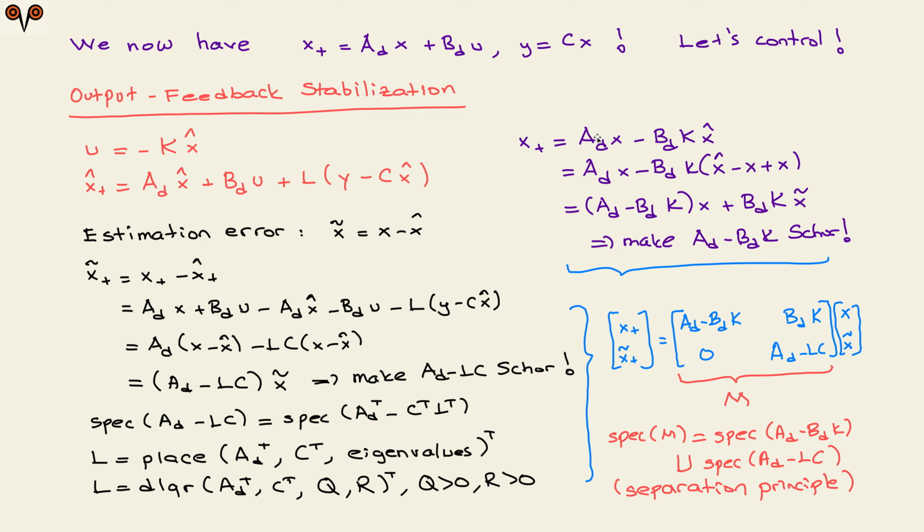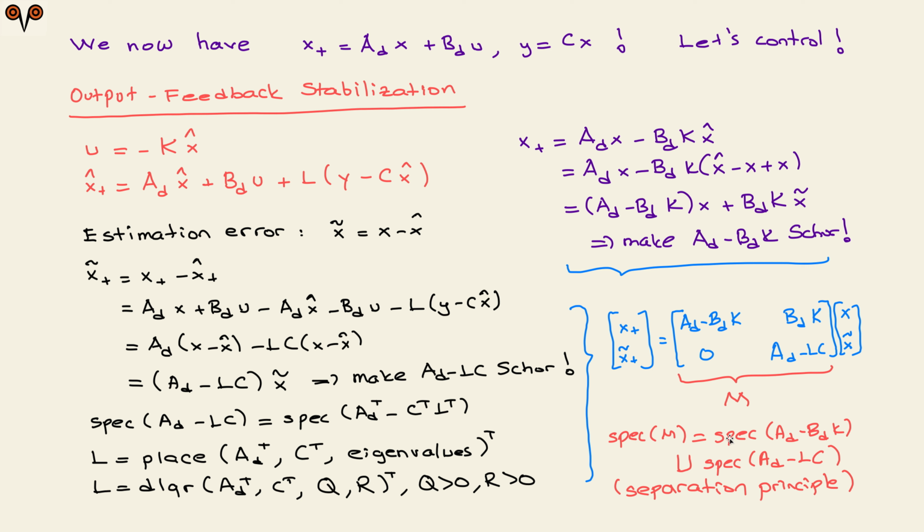You can also observe this from this aggregated system. If you write x plus and x tilde plus dynamics, you have this upper triangular structure, and basically here I am using this equation and this equation together in this cascaded form. The eigenvalues of this matrix M of the resulting closed-loop system, since it has an upper triangular structure, is just the union of the eigenvalues of this and the eigenvalues of this. Spectrum is just a notation to denote eigenvalues.